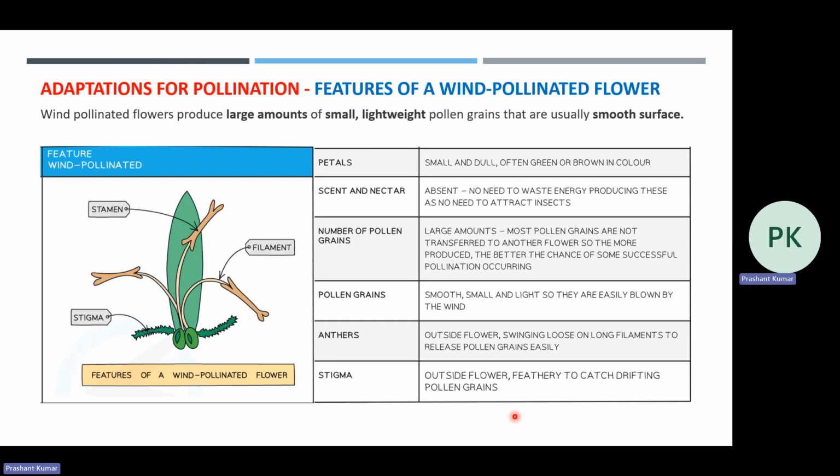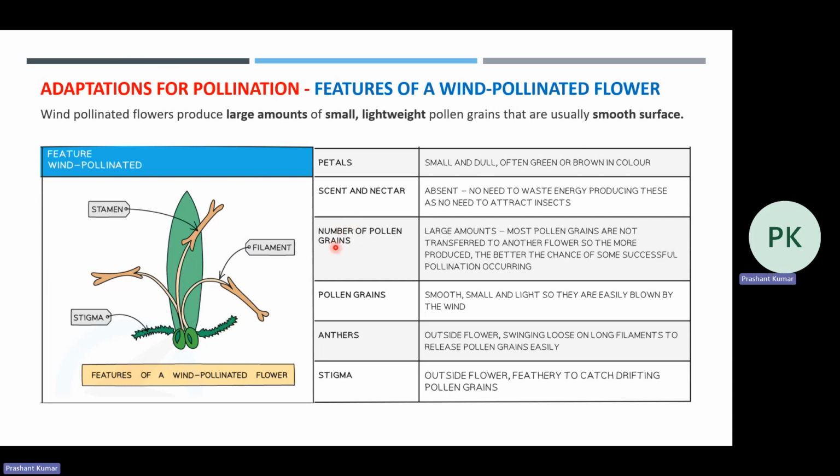In case of wind pollinated, it's the reverse. In wind pollination we don't need any insects, and we don't want colorful petals. So petals are generally dull, or not there at all. Scent, of course, is not needed since they don't have to call insects, so scent and nectar are both absent.